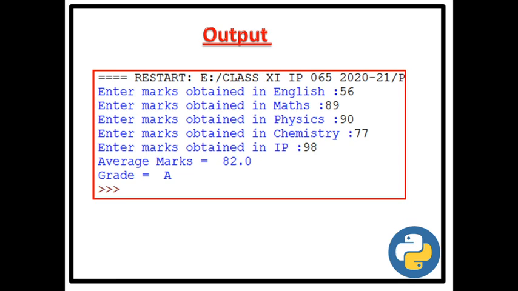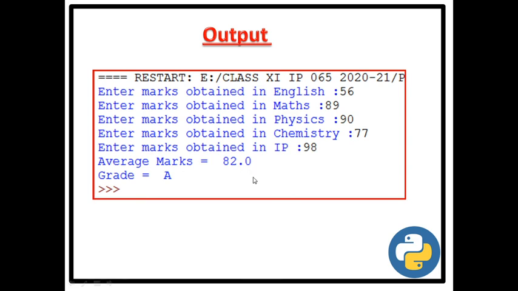It will ask for the marks of 5 subjects and will return the output, that is average marks equal to something and grade equal to something out of A, B, C, D, E. 5 ग्रेड में से आपको ये कोई ना कोई 6 ग्रेड है, A प्लस भी है. Out of 6 grades it will return you something according to the average marks.